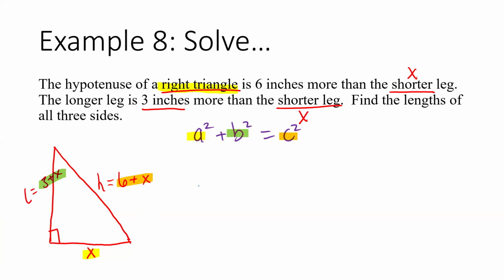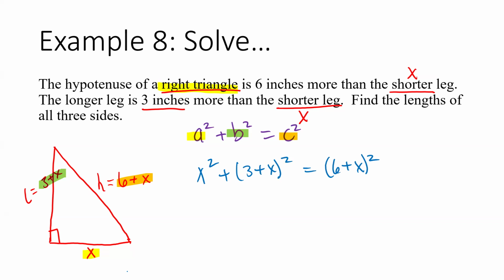Okay, so we're going to plug everything in. So A is X squared plus B, which is 3 plus X squared, equals C, which is 6 plus X squared. How are we feeling?